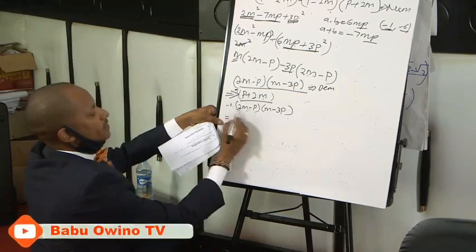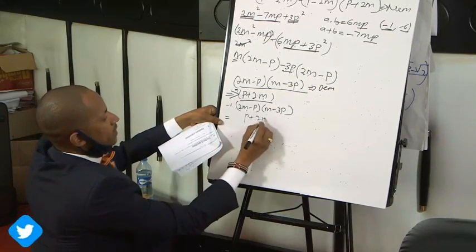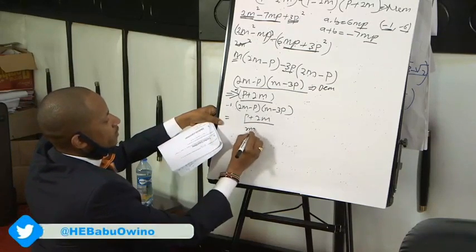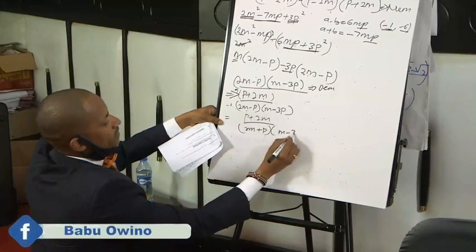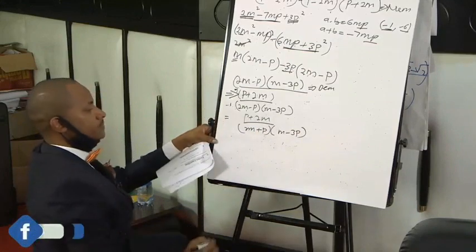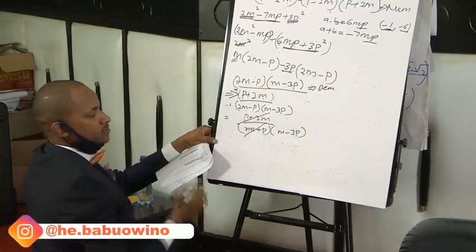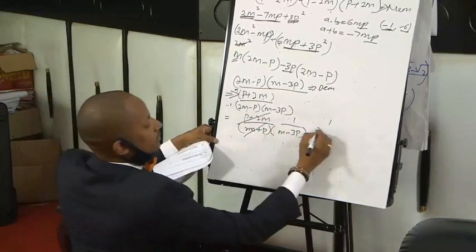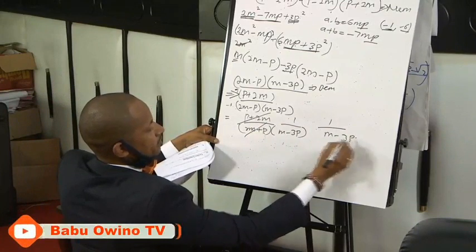When you open this, you will get p plus 2m divided by 2m plus p into m minus 3p. So 2m plus p and 2m plus p cancel. Here you remain with 1 divided by m minus 3p.